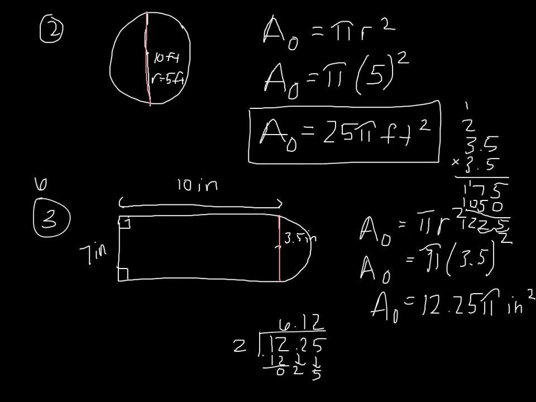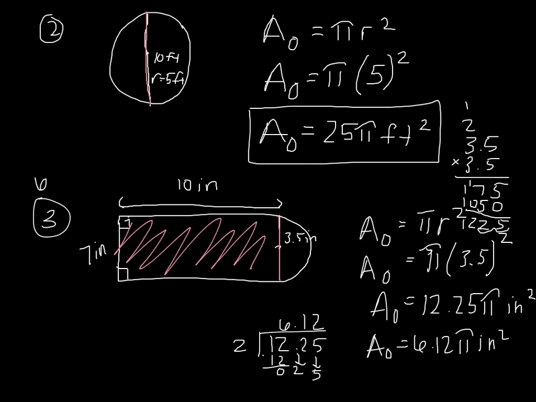And it says round to the nearest square unit, so I'm going to keep it at about 6.12 pi inches squared. Okay, so that's how much for our circle. Now I need to find the rest of our shape, which right here is a rectangle, so I have to do 10 times 7. So the area of my rectangle is 70 inches squared.